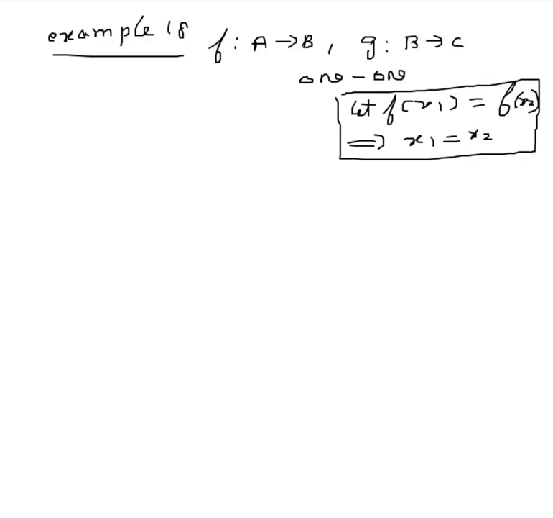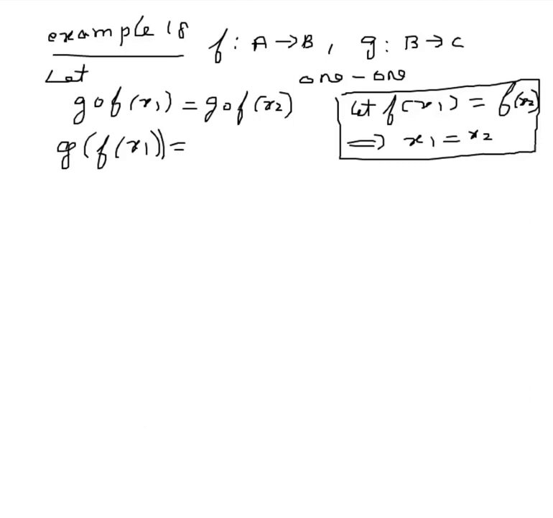Now in this question we have to prove that G composite F is a 1-1 function. So let us take G composite F of x1 is equal to G composite F of x2. Now we have to arrive at the result x1 is equal to x2. Now I am using the definition: G of F of x1 is equal to G of F of x2. Now it is given in the question that G is a 1-1 function.